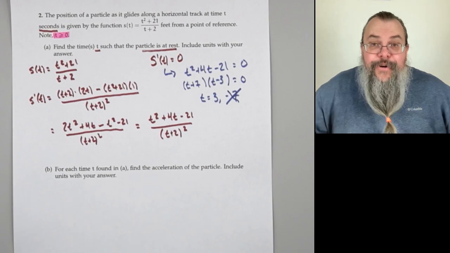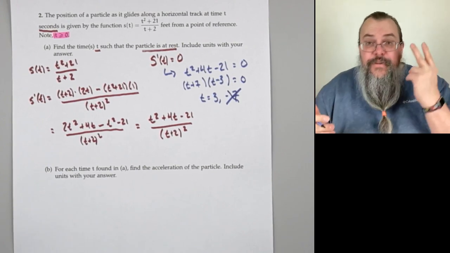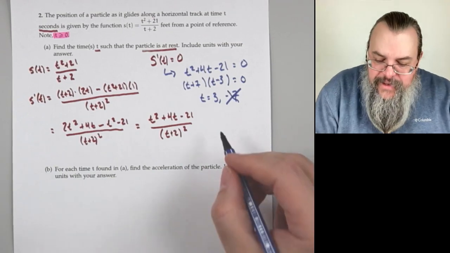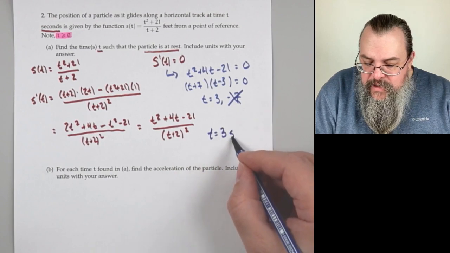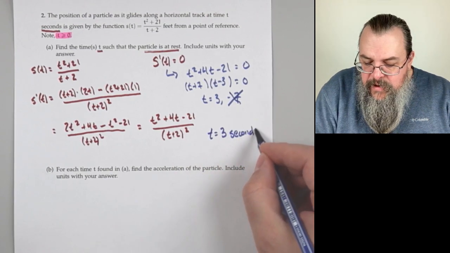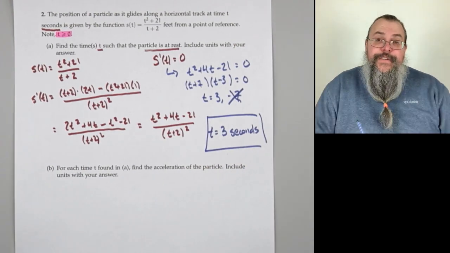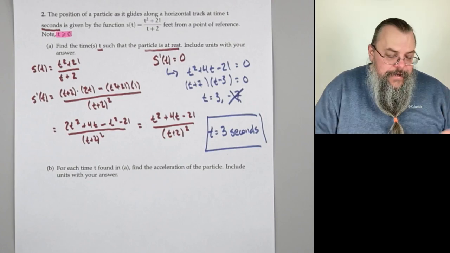That's out. Okay, so that leaves us with just one choice. It must have been the case that this happened at time t equals 3 seconds. That's the only option. And that's the answer for part A. Okay, good. One part down.